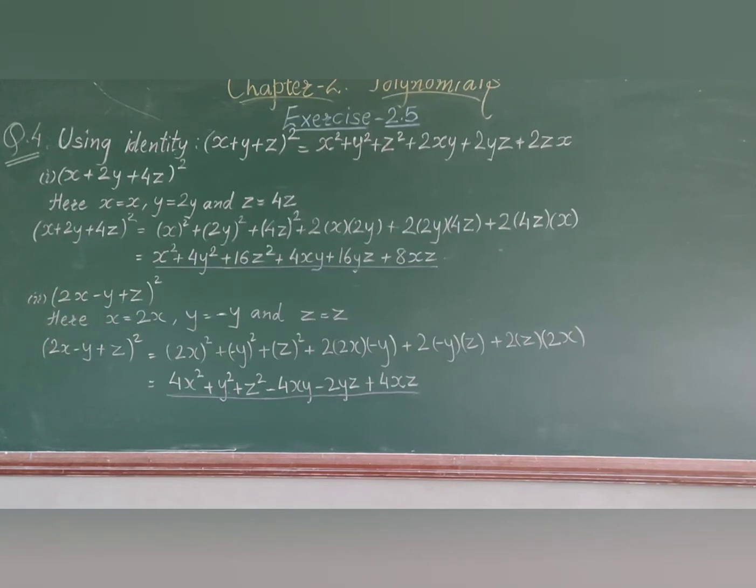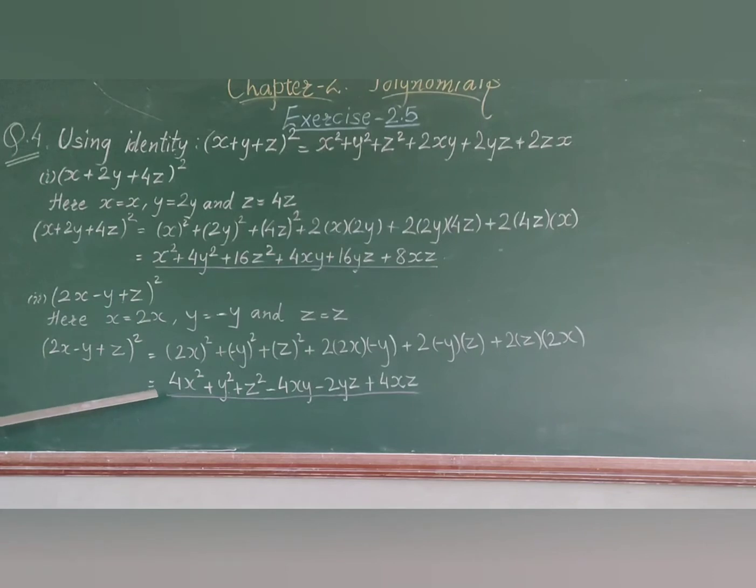Now inserting the values, we get 2x minus y plus z whole square equal to 2x whole square plus minus y whole square plus z whole square plus 2 into 2x into minus y plus 2 into minus y into z plus 2 into z into 2x.